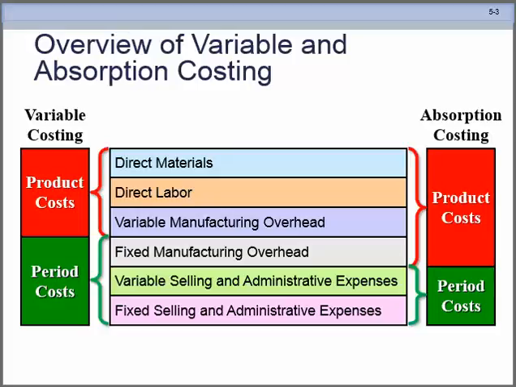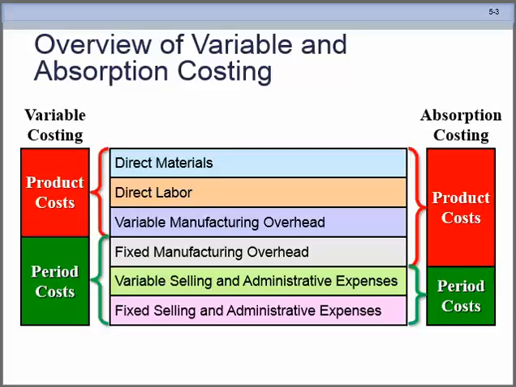One approach is called absorption costing, and that's usually for external reporting purposes. The other approach is variable costing, and that's preferred by managers for internal decision making. Kind of like the way that we would use the external financial reports versus internal ones.